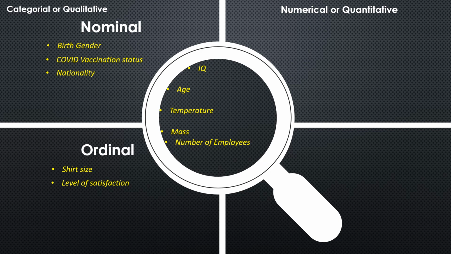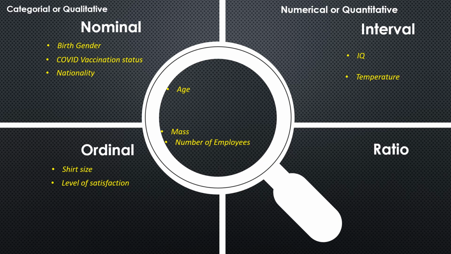All numerical variables may also be classified as either interval data variables or ratio data variables. Interval data variables: temperature, measured in degrees C, does not have an absolute zero and is thus an interval data variable. 0 degrees Celsius does not mean there is no temperature.